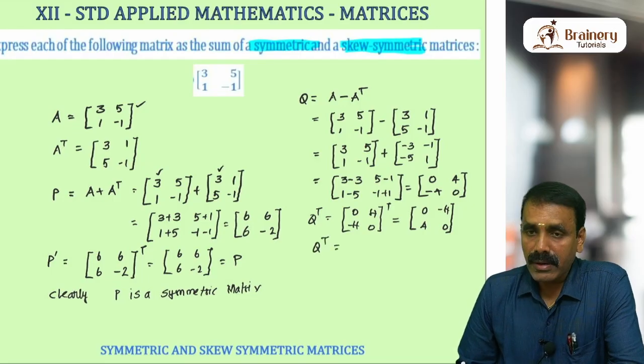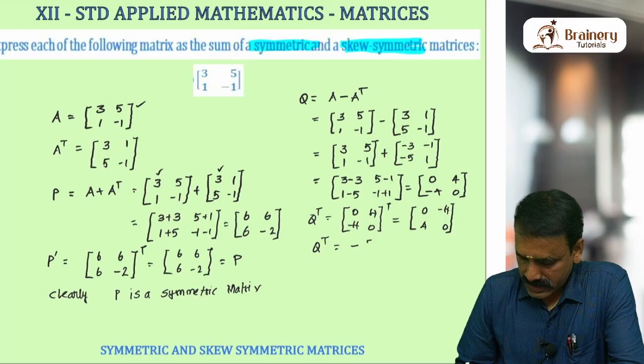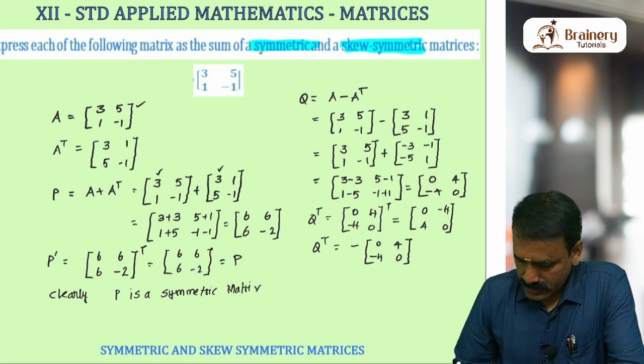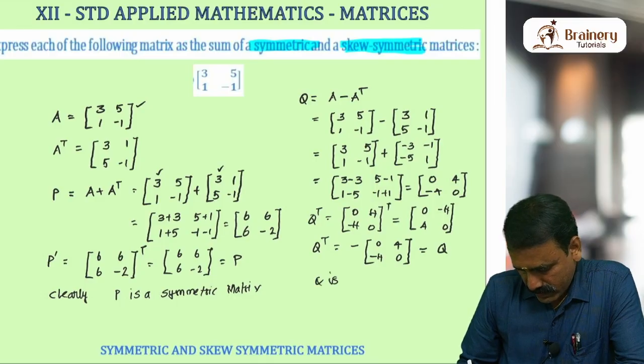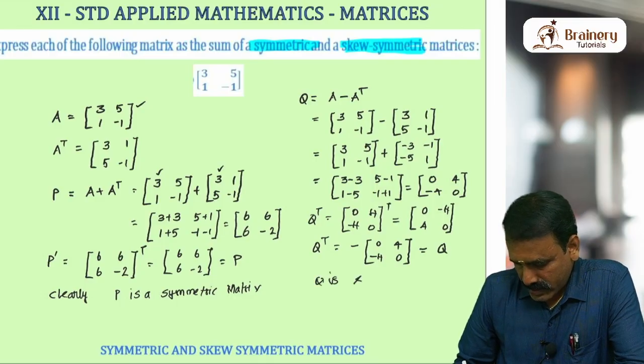I take a minus symbol outside, so it is 0, 4, minus 4, 0. So Q transpose is equal to minus Q, correct? So Q is skew symmetric.